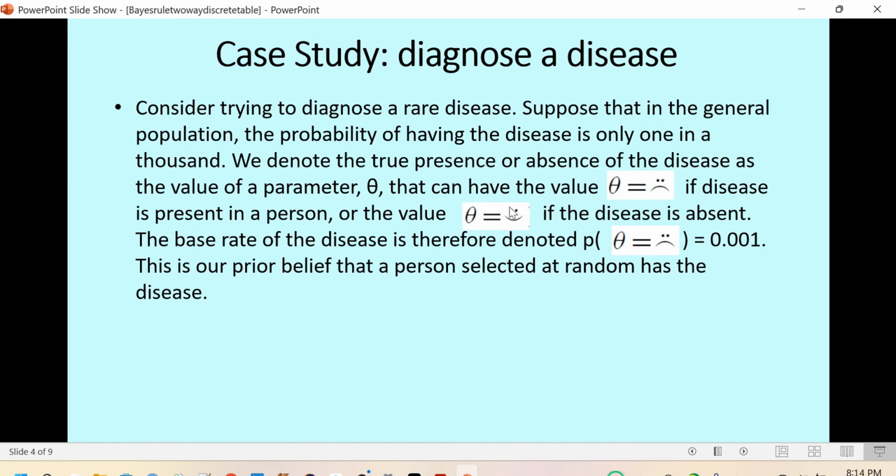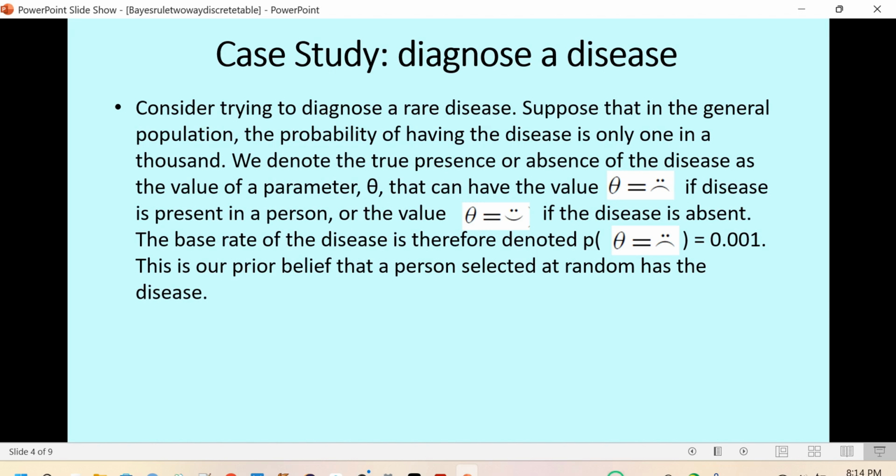And if theta is this smile symbol, the disease is absent, no disease. So we know the base rate of the disease can be denoted as the probability of theta equals this symbol, which is 0.001. So this is our prior belief that a person selected randomly from the population has the disease with 0.001.